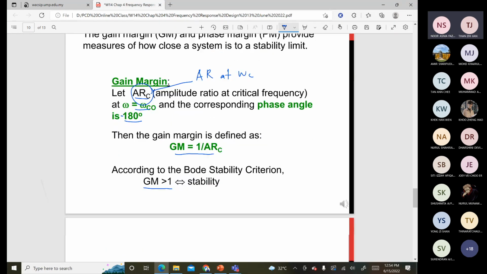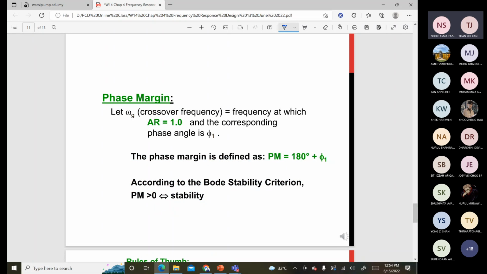For the phase margin, we use the following criteria, where the WG is called the gain crossover frequency. The WC stands for the critical frequency. The WG occurs at AR equal to 1. So this is the default for the phase margin.